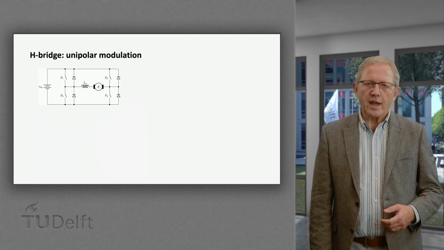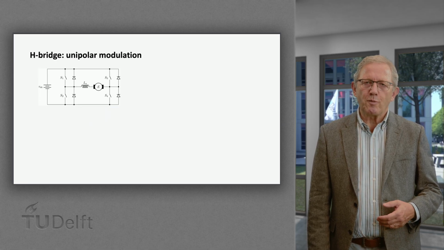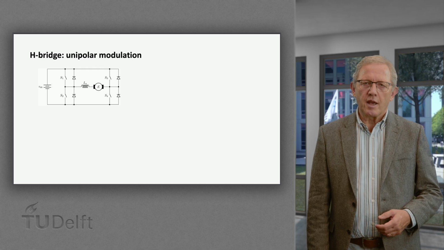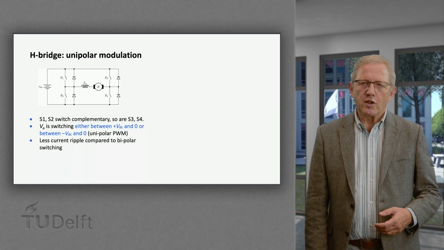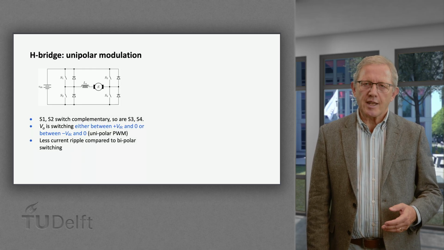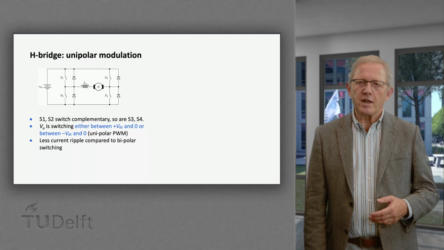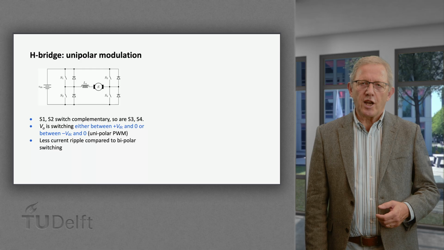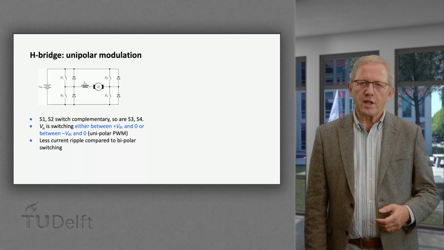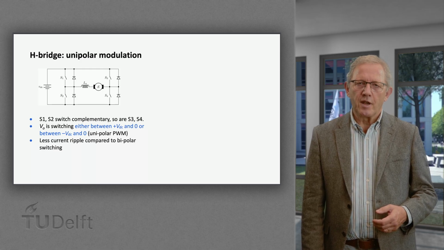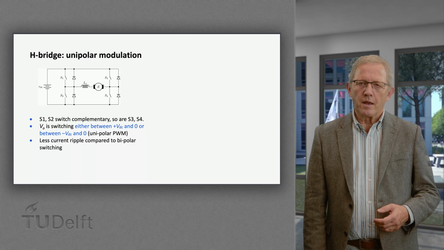The other way to operate the H-bridge is the so-called unipolar modulation. In this modulation scheme, switches on the same half-bridge, S1 and S2, or S3 and S4, switch complementarily. Each half-bridge just provides the positive half or the negative half of the output voltage.